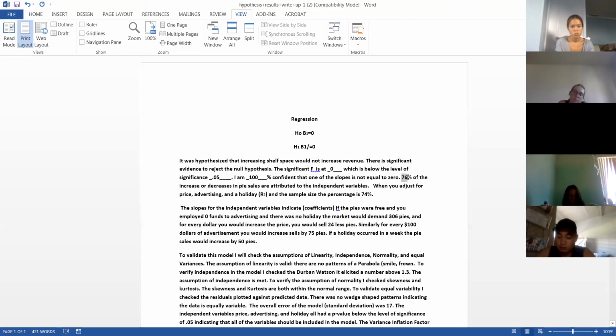For our model, it wasn't 76% of the increase or decrease. It was actually like, was it 97 or 98%? That would be our R-square.